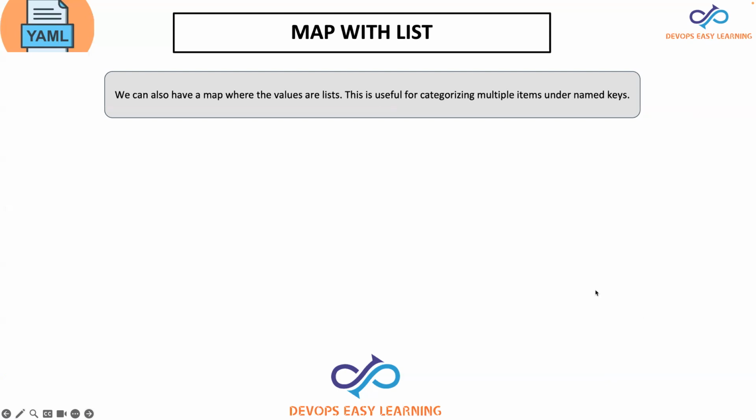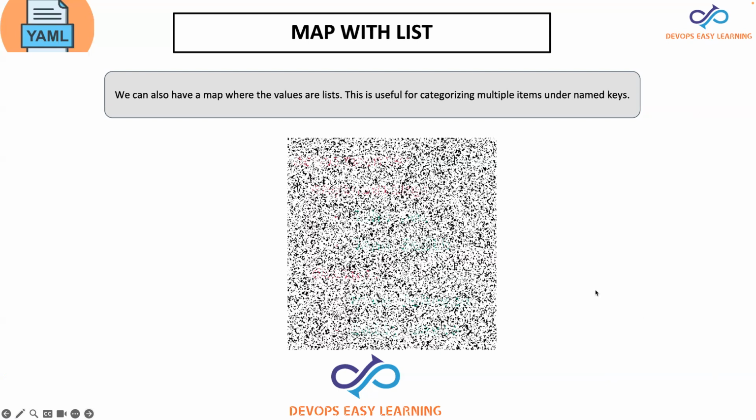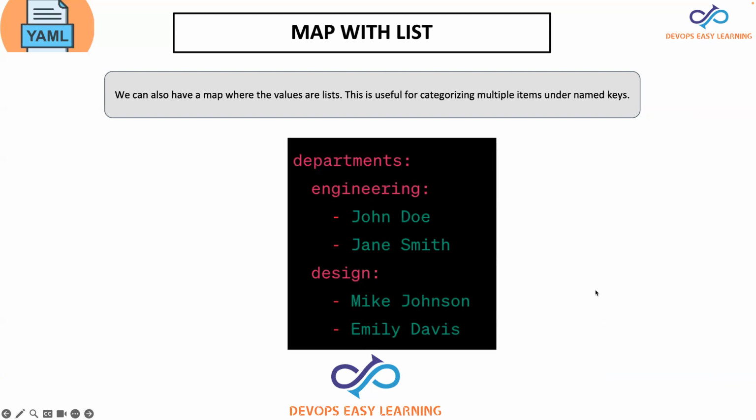Now, we can also define a map with list. As you can see here, department is one map. On the department, we have engineering and design. On the engineering department, we have two workers, John Doe and Jane Smith. On the design, we have Mike Johnson and Emily Davis. So this becomes a map with list. Why? Because all this together represents a map.